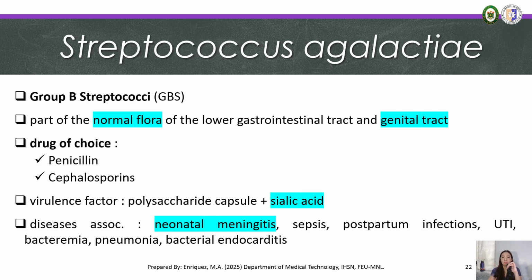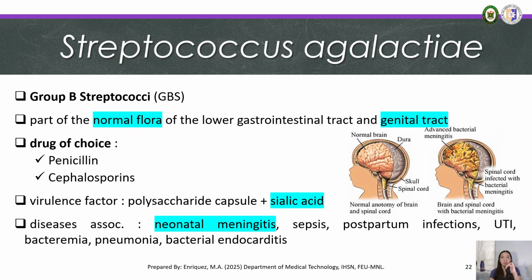So if, for example, the vagina has been infected with Streptococcus agalactiae and the baby passes through the infected birth canal, that's where they may acquire the bacterial cells that could lead to the infection. All right? So most infections of infants occur in the first 3 days after birth and usually within 24 hours. All right? So again, the most notable disease associated with Streptococcus agalactiae is neonatal meningitis.